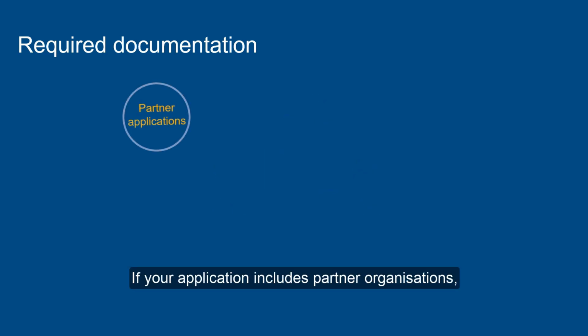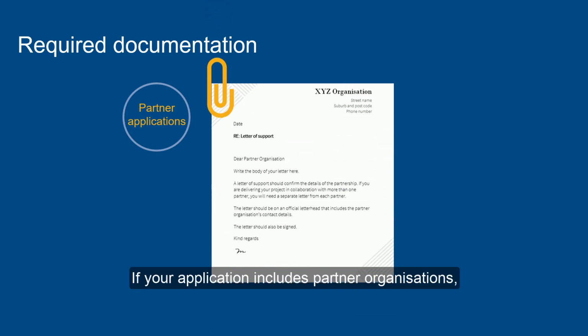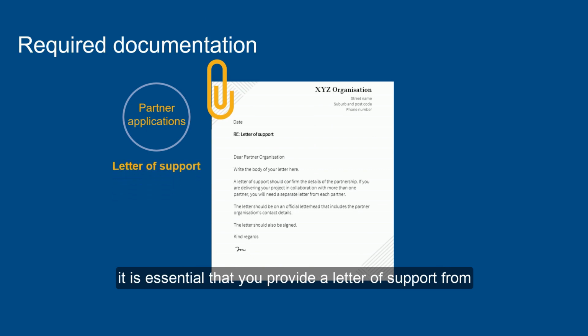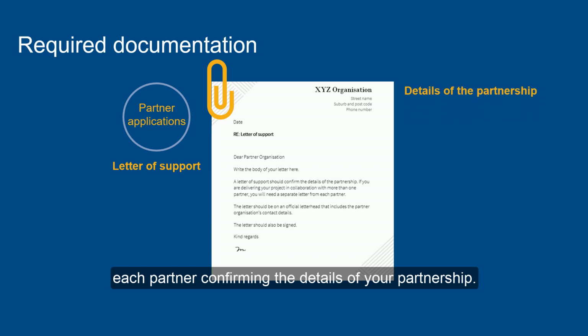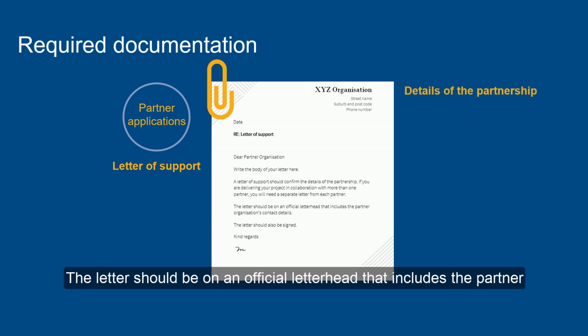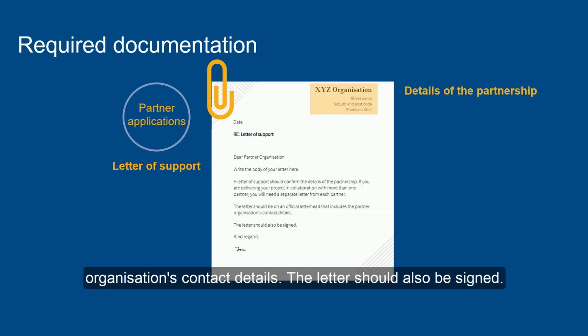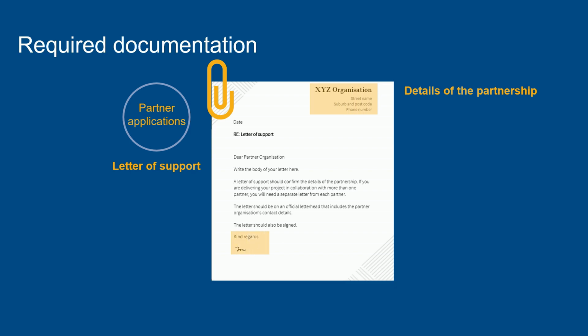If your application includes partner organisations, it is essential that you provide a letter of support from each partner confirming the details of your partnership. The letter should be on an official letterhead that includes the partner organisation's contact details. The letter should also be signed.